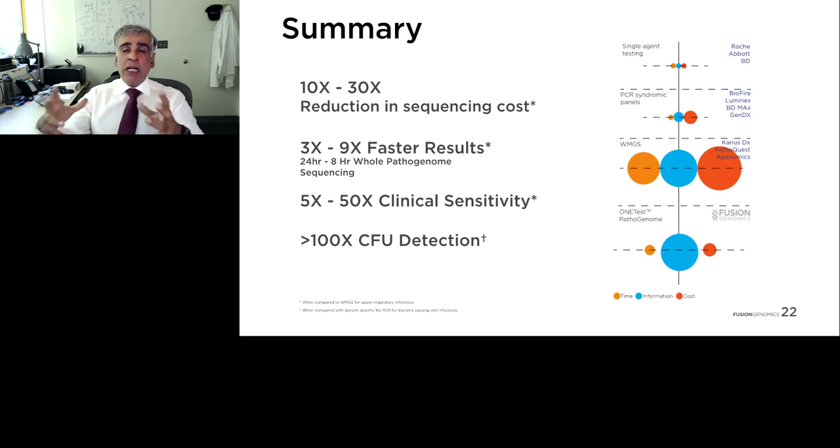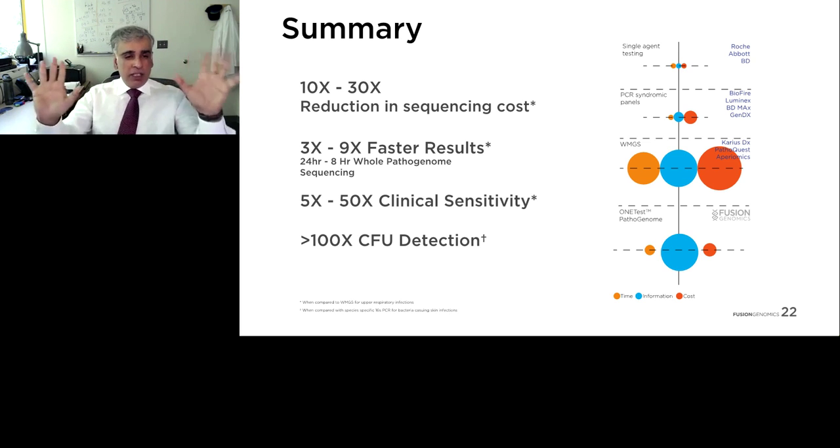What it means is, and we already saw that in the space of the PCR, it is as sensitive at 2 million reads as a nested PCR. And it provides you more than 100x CFU detection when compared with a generic 16S PCR.